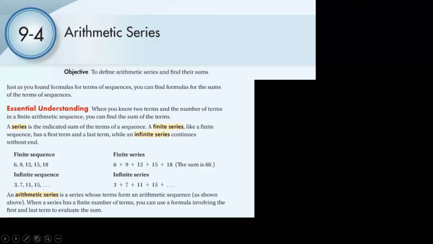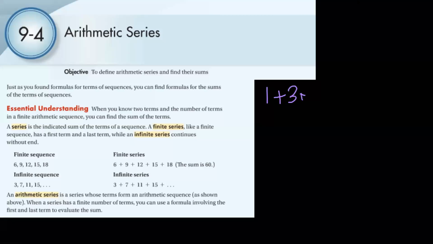And the series comes like 1 plus 3 plus 5 plus 7 plus 9 and so on. This is a series. It has a plus sign between the numbers. It doesn't have commas like the sequence.